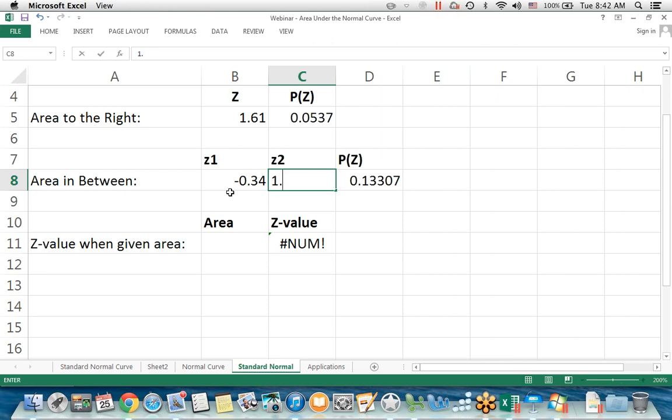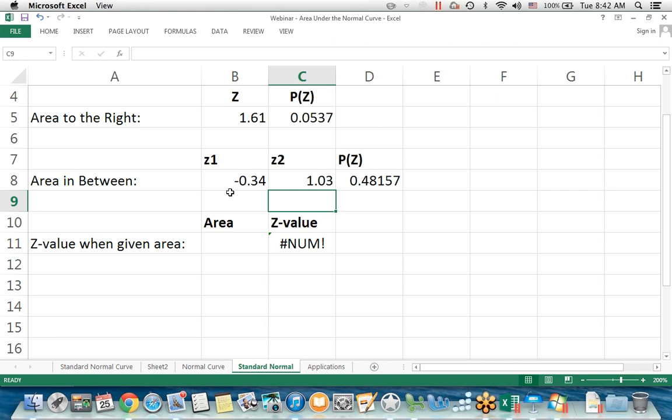And then 1.03 is the larger number. What does this give us? It gives us a probability value of 0.48157. So this is our area corresponding to the area between those two values.